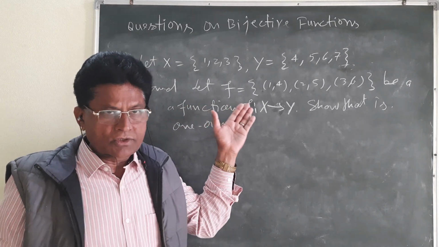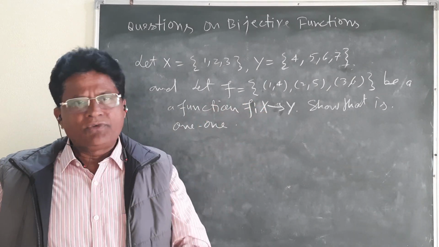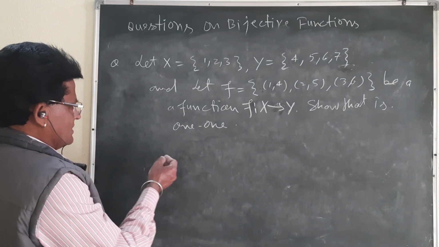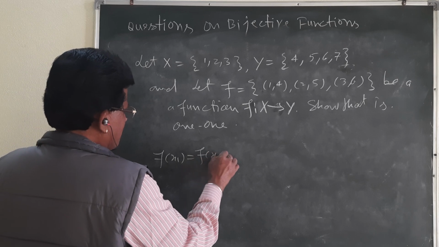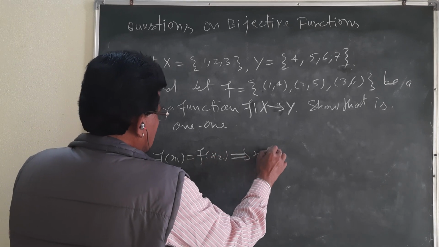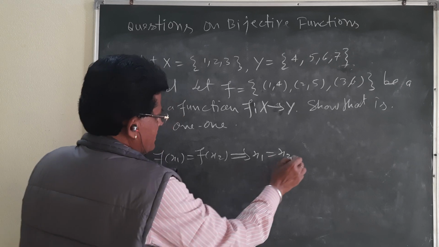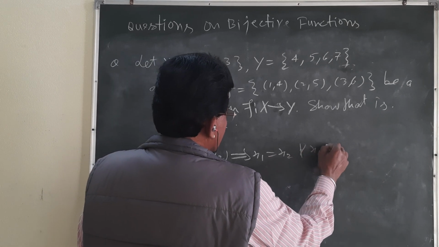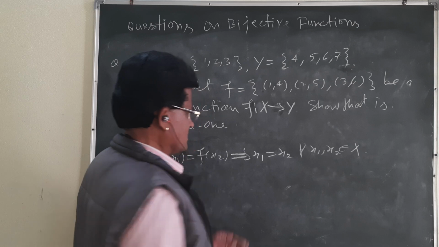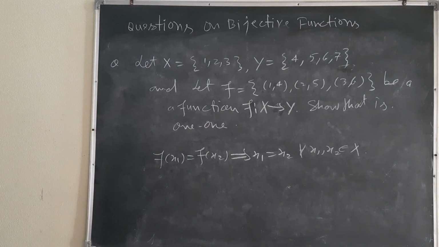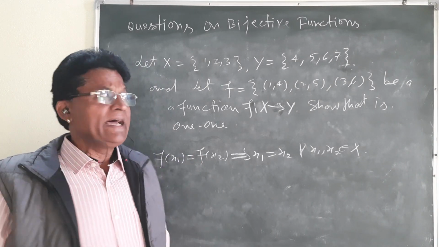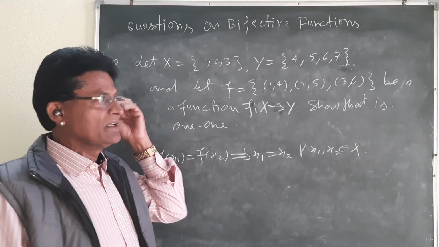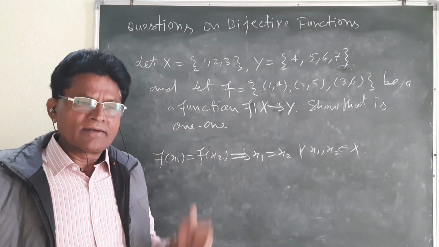Dear student, I have selected this question because while you solve it, you will feel one thing. The definition I told you: f(x1) = f(x2) implies x1 = x2 for all x1, x2 belonging to X. This definition I have given to you for 1 mark. But keep in mind that in this question, this thing you cannot apply.